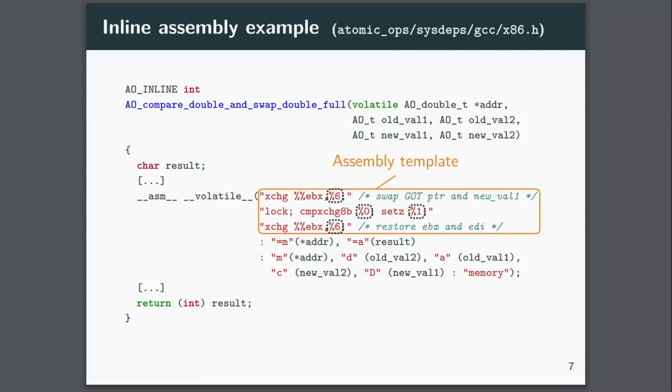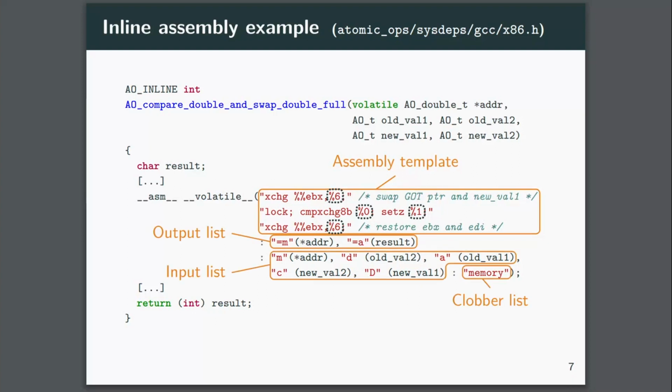These tokens will be replaced by the compiler with the actual operands that it chooses when it puts these instructions inside the code it generates.